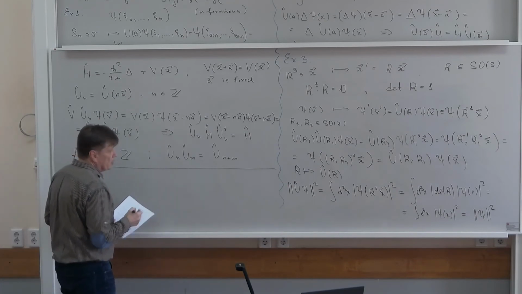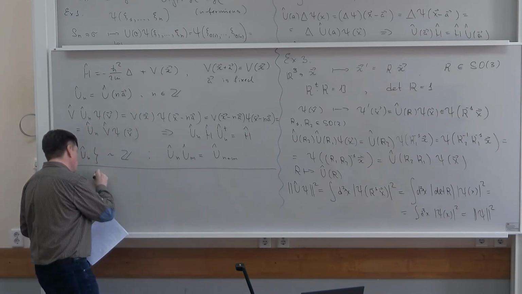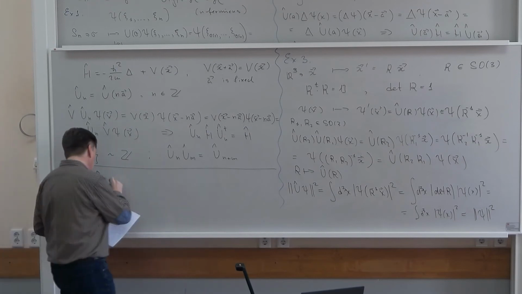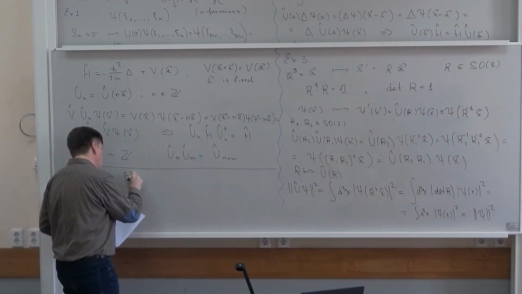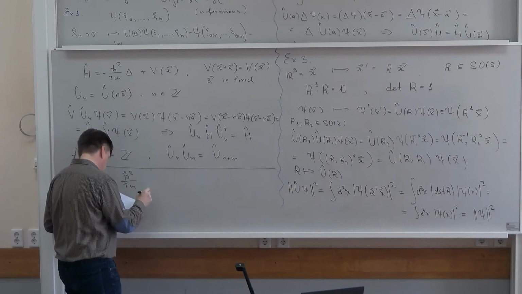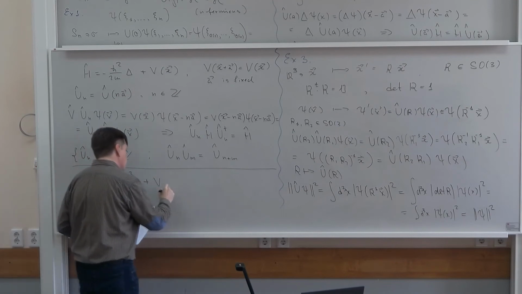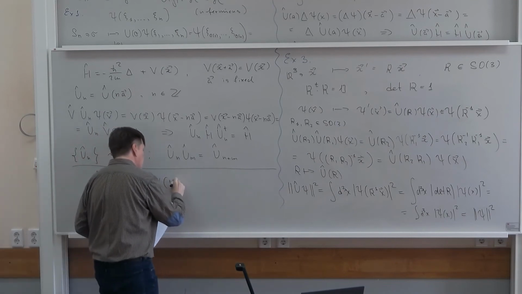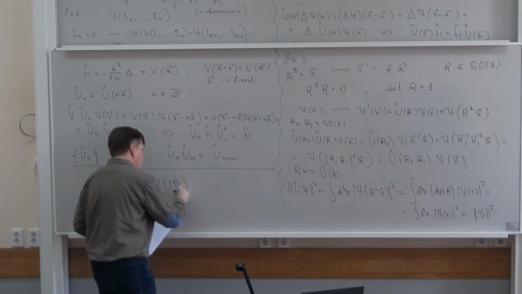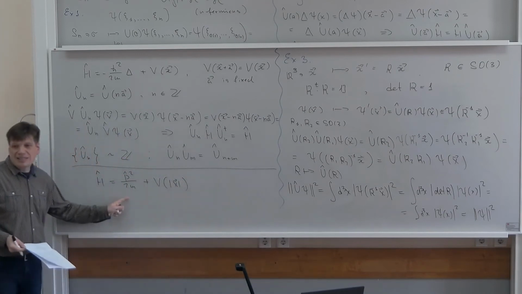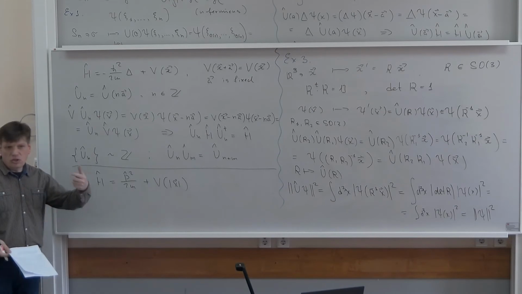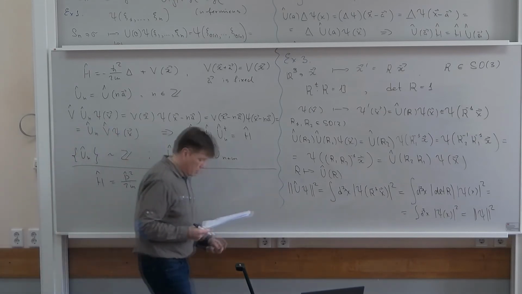Now it is easy to see that every Hamiltonian of the form p squared over 2m plus V of the modulus of x is invariant under space rotations.